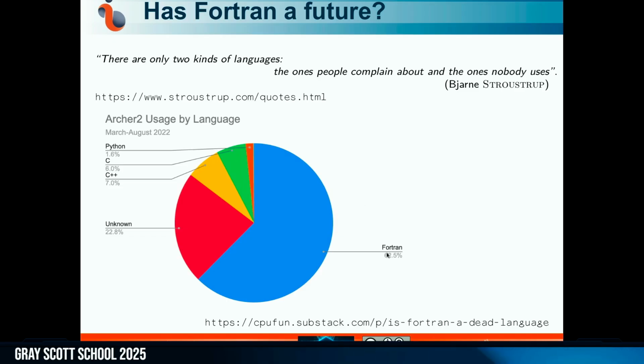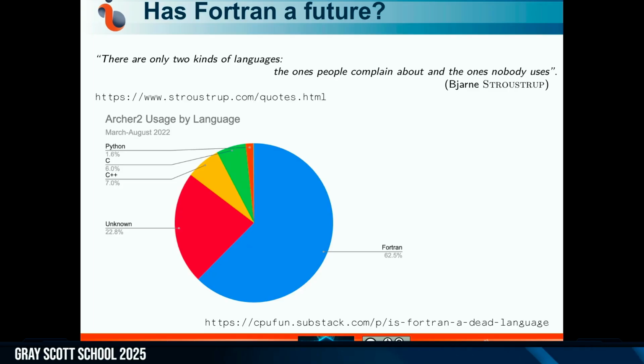You can see the URL here for the detail. 62% of the projects were in Fortran, plus some undeclared 22%, which means Fortran is anywhere between 62 and 84%.